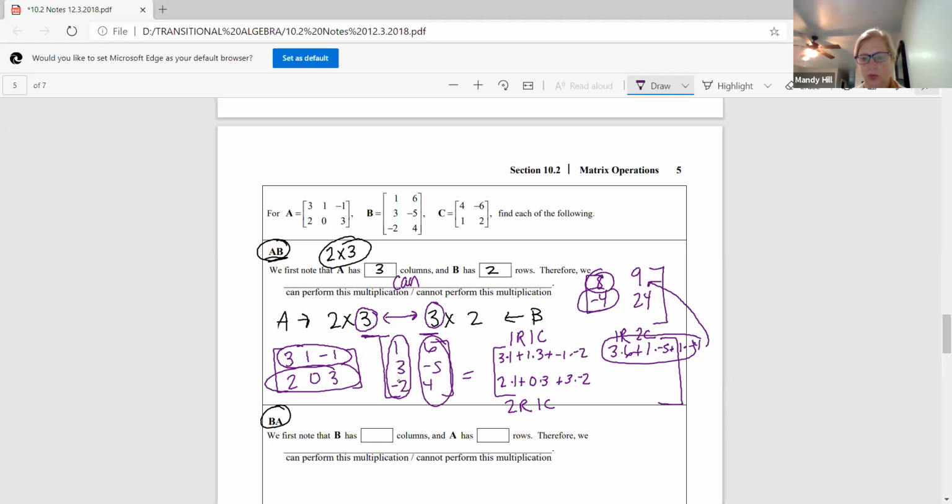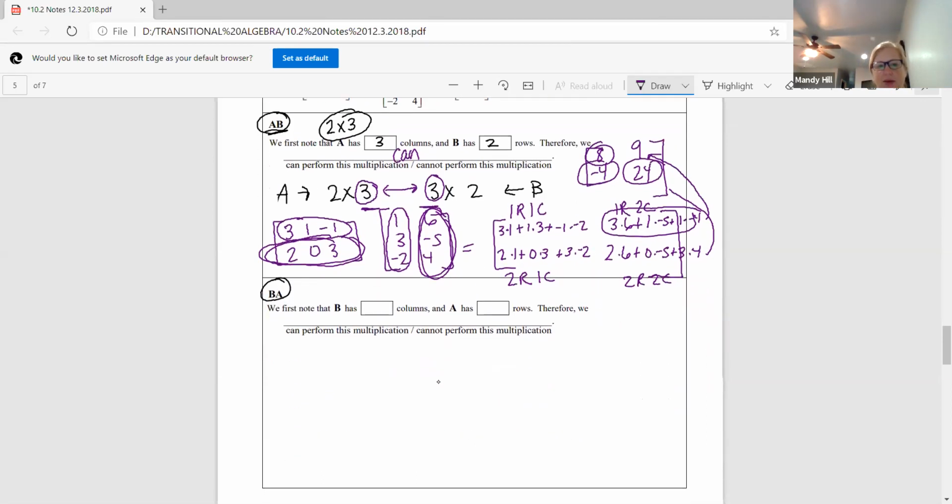And the very last one would be second row, second column. So you would do 2 times 6 plus 0 times -5 plus 3 times 4. And if you did all that, you would get your 24. That is right there. So we definitely want to be able to use the calculator if we can on these.